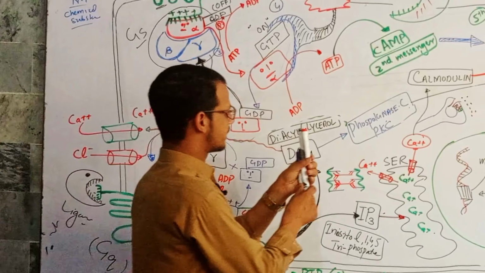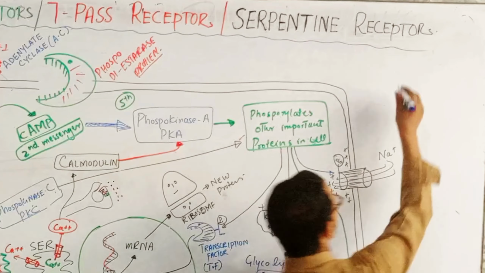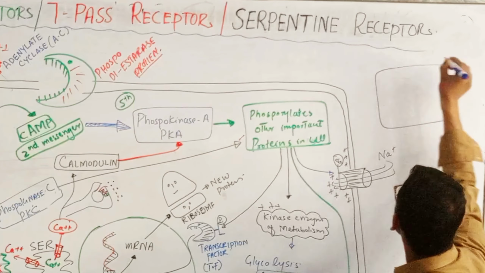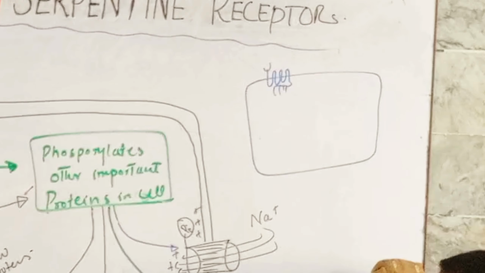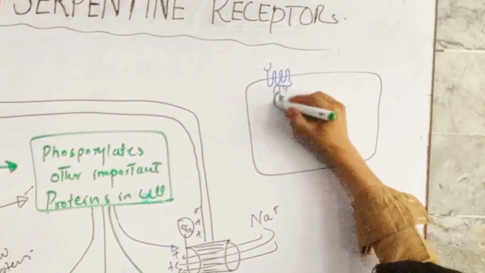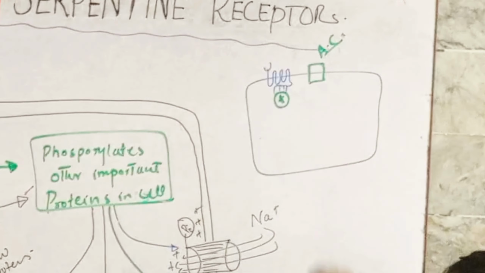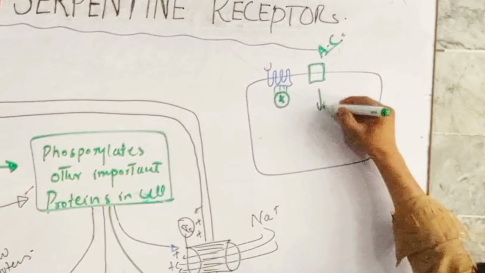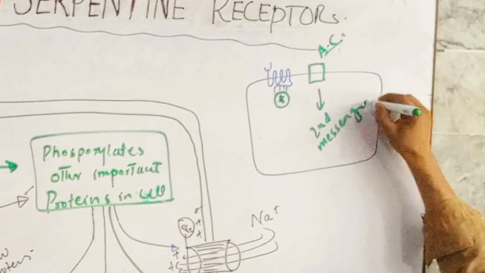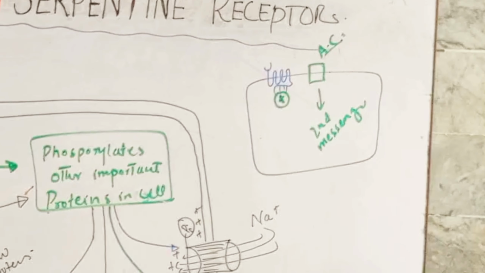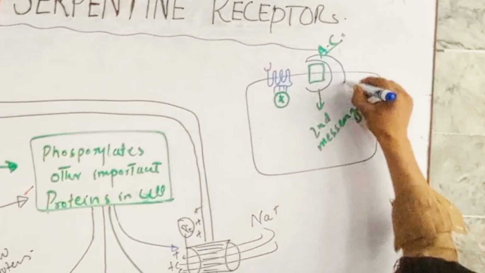So phosphodiesterase, for example, after all these mechanisms, I have a cell, this is a cell, right, and this is a 7-pass receptor, and due to the activation of this receptor, this adenylyl cyclase is activated, but when it forms the second messenger, it remains activated, and the phosphodiesterase enzyme is responsible for deactivation.